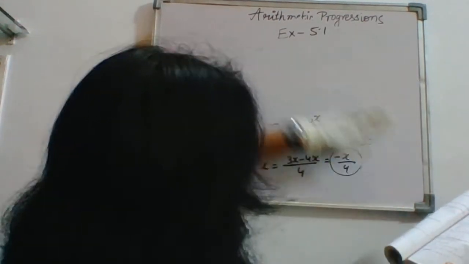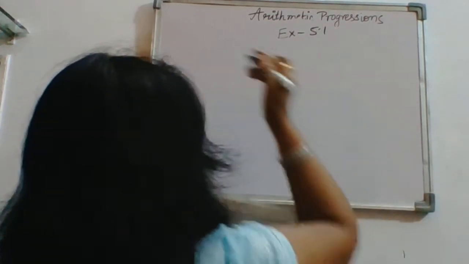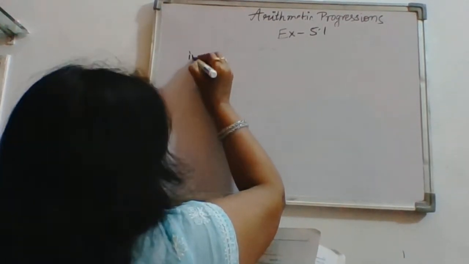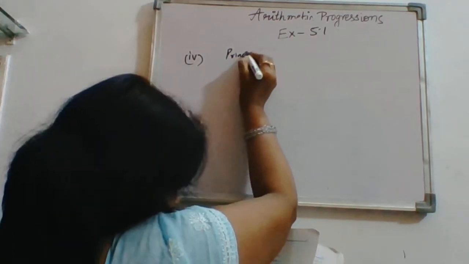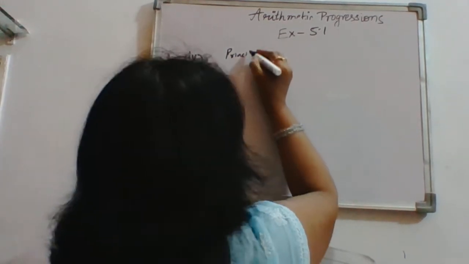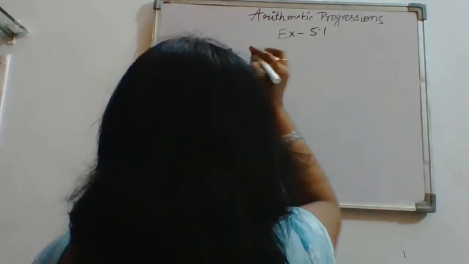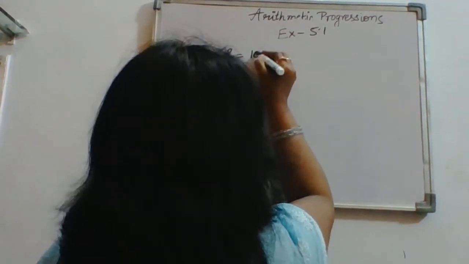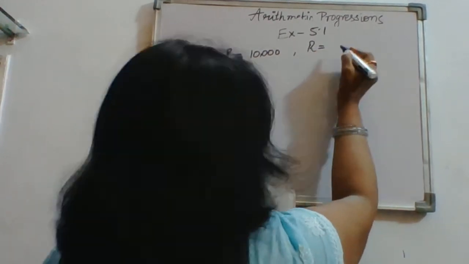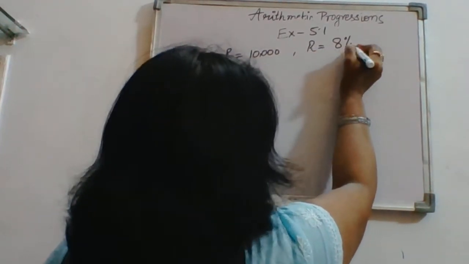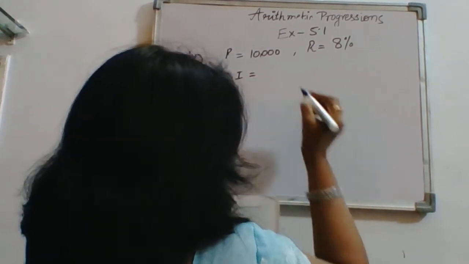So this amount for the 3 years we will calculate. So principal amount is how much? 10,000. So we are doing the fourth part. Just mention only principal amount is 10,000 and rate of interest is 8% per annum. And you know the formula for compound interest.